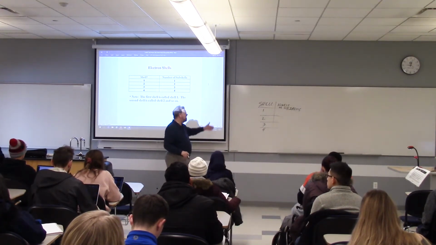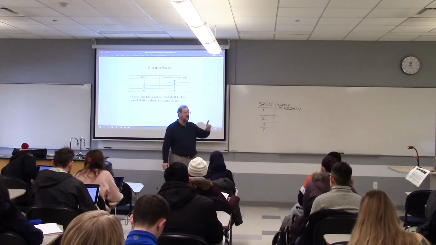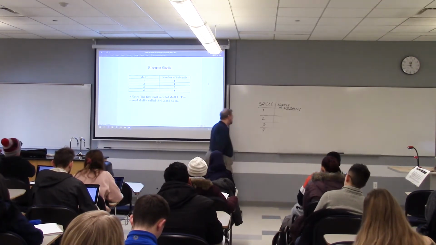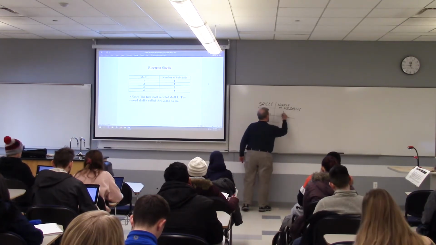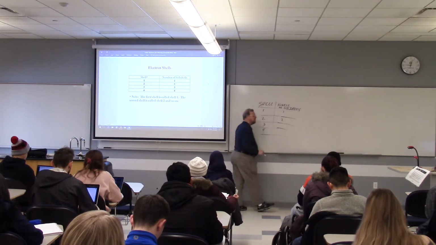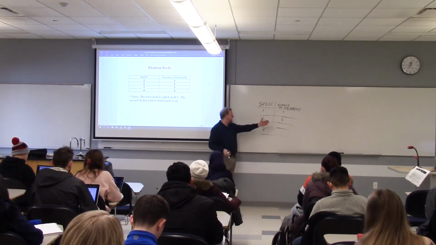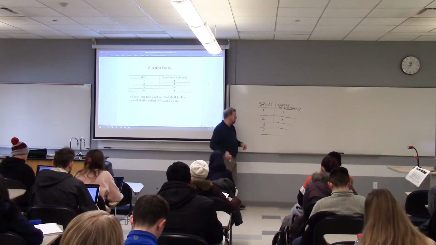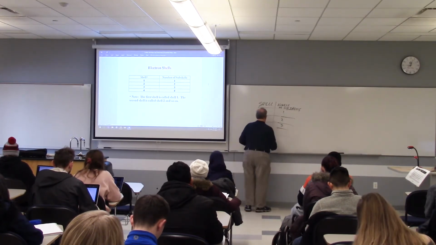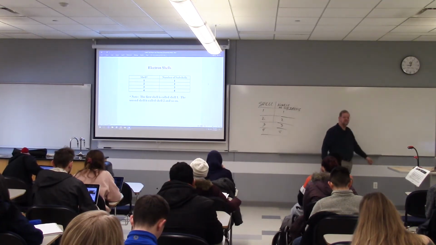And then an important thing to know is shell 1 has 1 subshell. Shell 2 has 2 subshells. Ooh, it's even on the screen. And shell 3 has 3 subshells. And finally, shell 4 has 4 subshells.